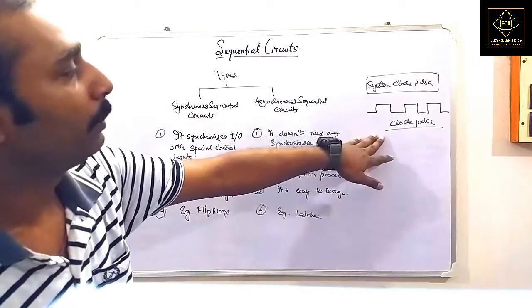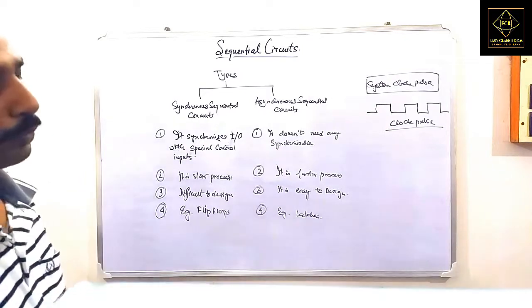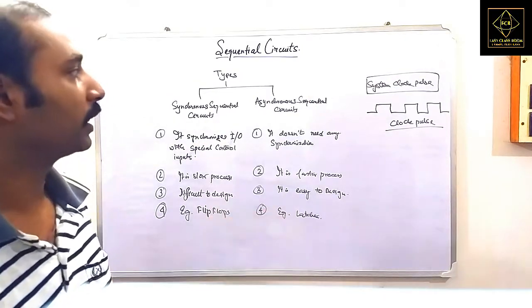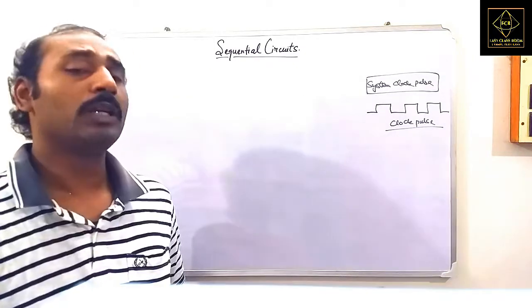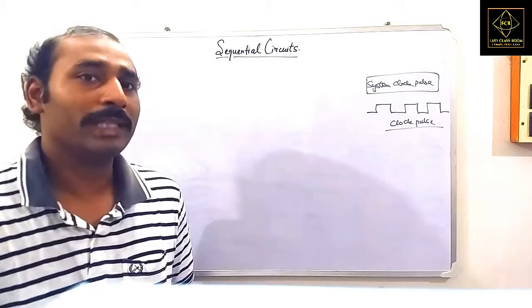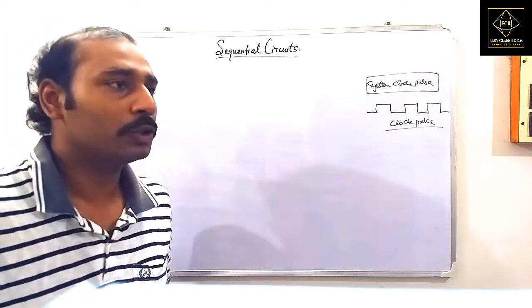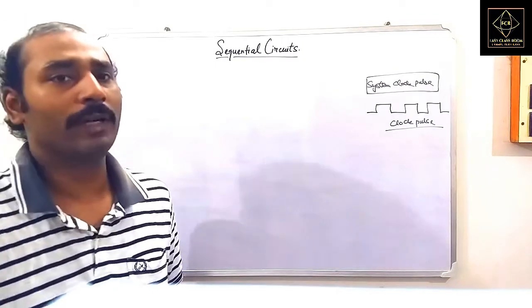Depending on this clock pulse, we can have two or three different kinds of circuits, synchronous and asynchronous. Depending on this clock pulse, we can also have triggering techniques, which decide when to give the outputs and when not to give outputs.